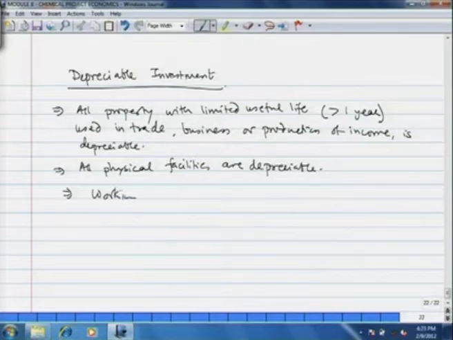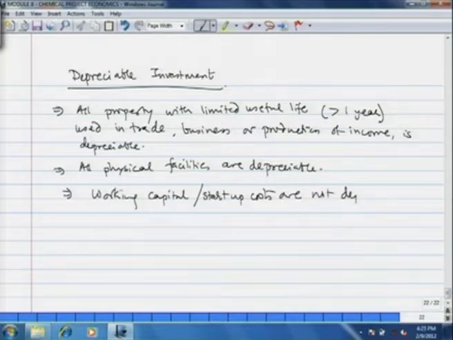Working capital is not depreciable, startup cost is not depreciable. Moreover, the inventories that are held for sale are not depreciable. I talked of accounts receivable, or the product in stock. So product in stock or inventories held for sale are not considered in depreciation.